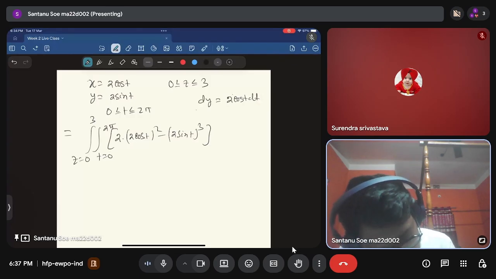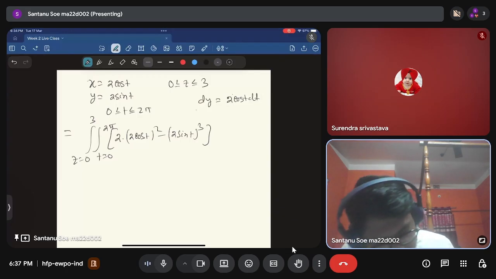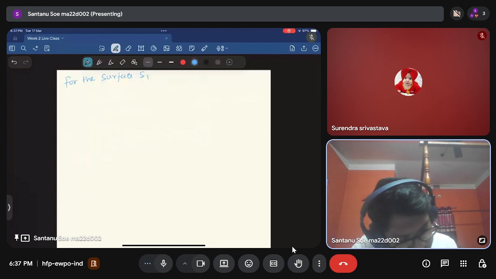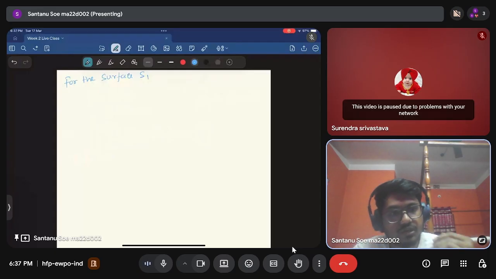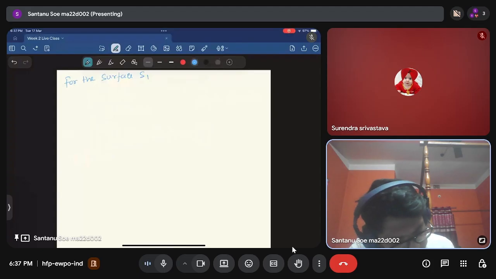So for the surface S1, see that x square plus y square is 4 and z is 0, correct? So here actually our z is 0, right? Because z is varying from 0 to 3. So that's why here our n is minus of k, because we have to take the outward unit normal.